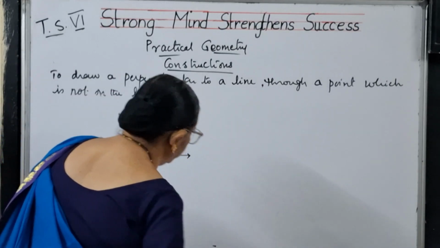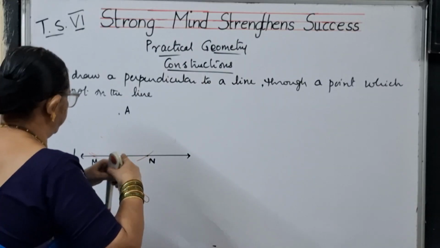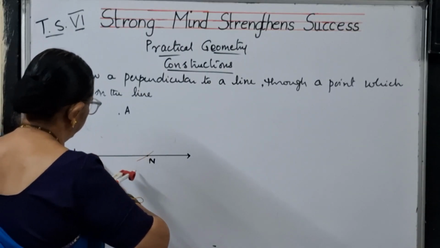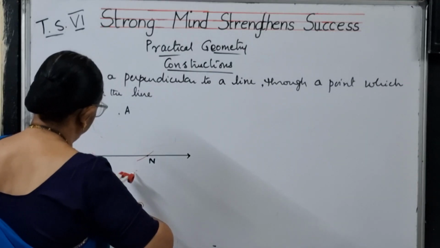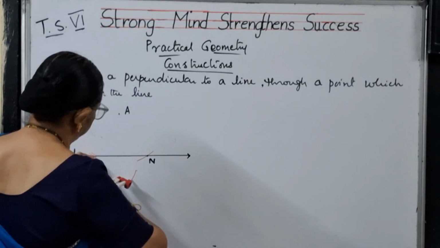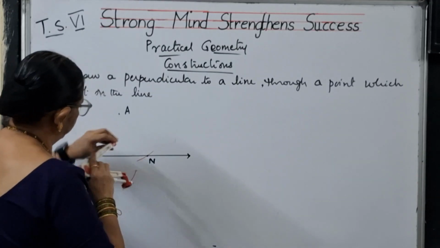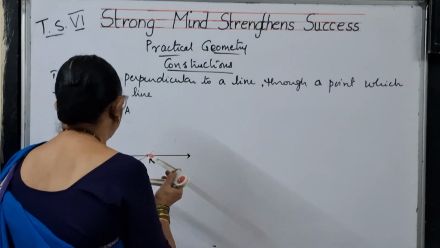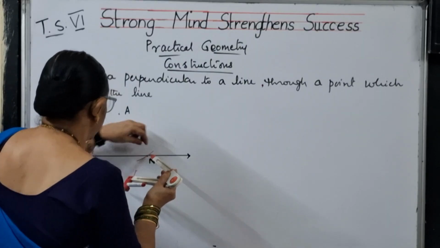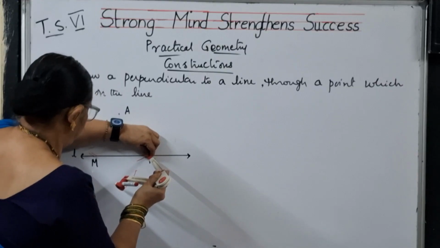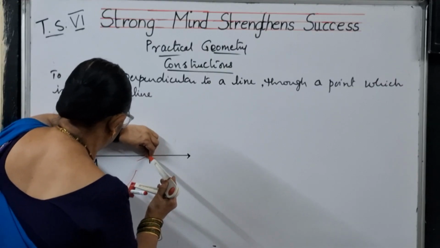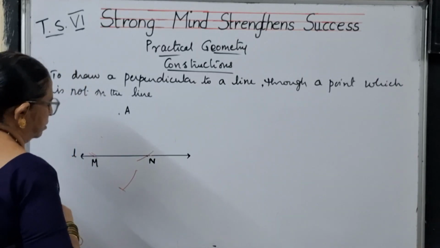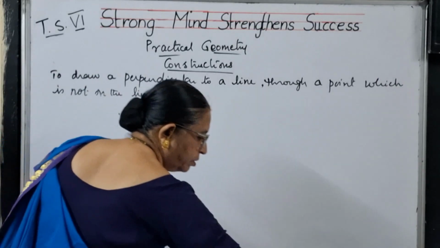Now what you need to do, without disturbing the compass, with M as center, you have to draw an arc like this. And with N as center, you have to cut this arc. So this is the intersection point.